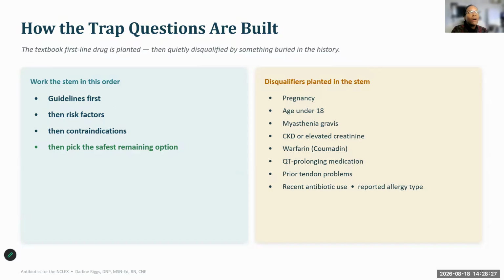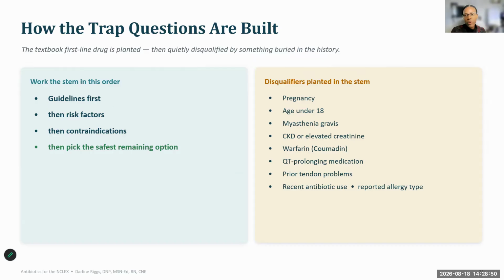All right, how the trap questions are built. I want to paint a picture for you with that. Work the stem in this order. I think this is how you should do it. You should look at your guidelines first, right? What's recommended, the risk factors that the client has, contraindications, the medications that they're on, then you pick your safest one.